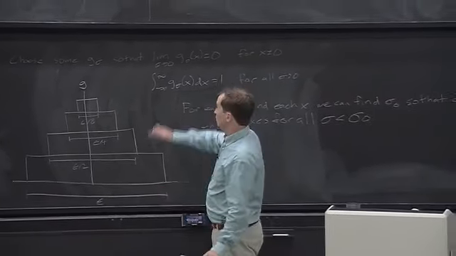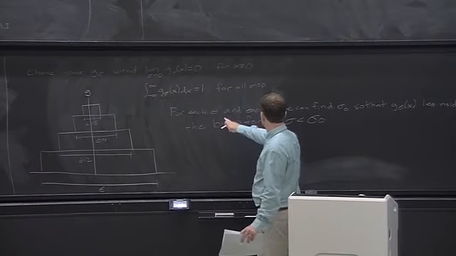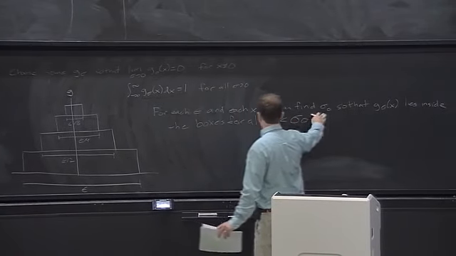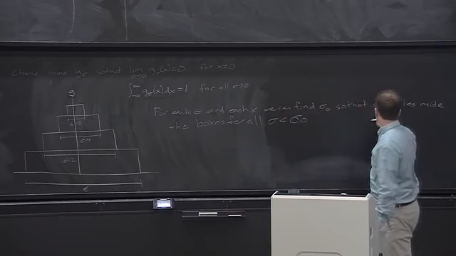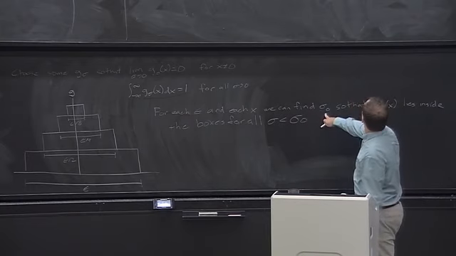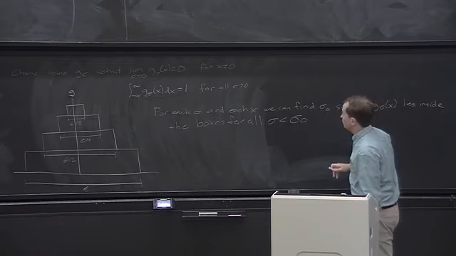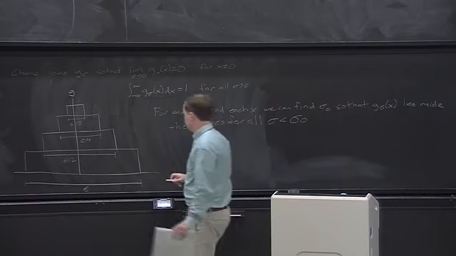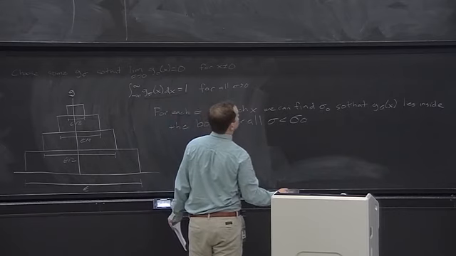For the top hat function, it's easy to find sigma naught. So if we choose epsilon and x, we can find a sigma naught so that d sigma lies inside the boxes.